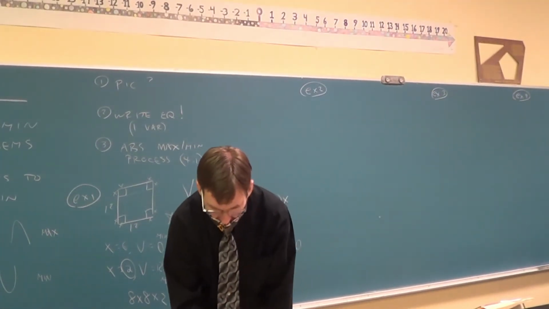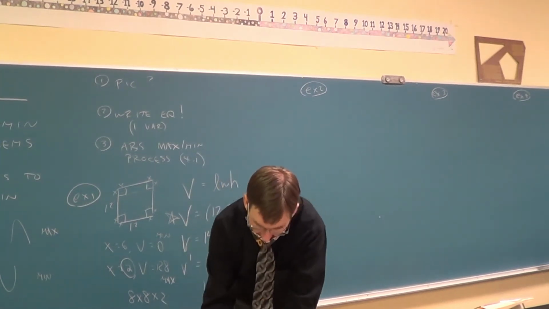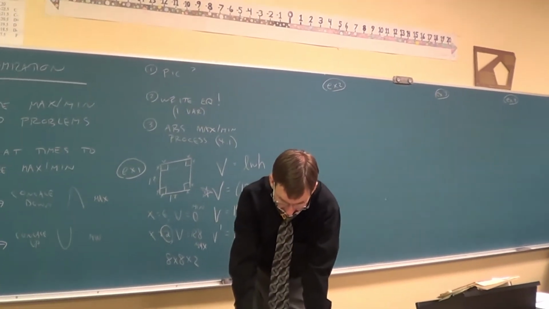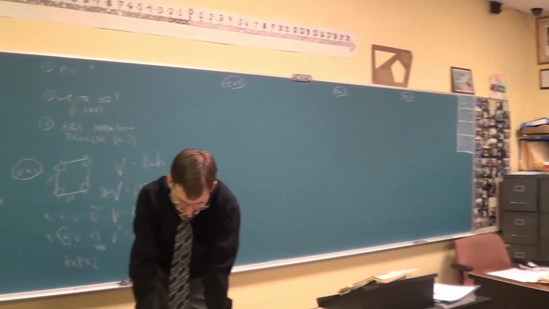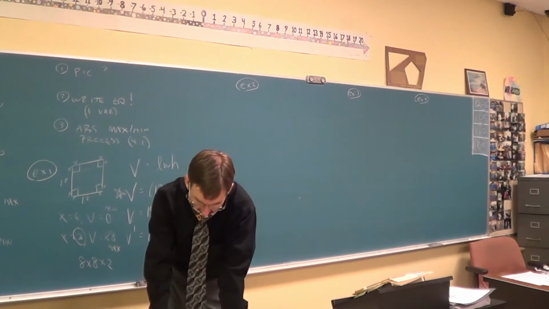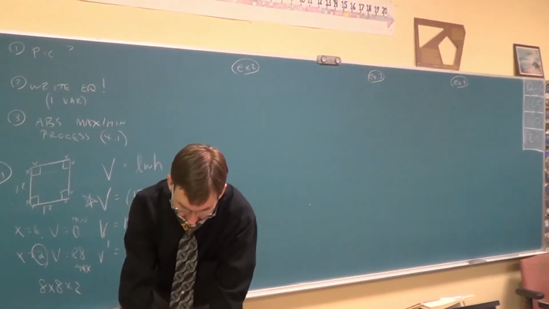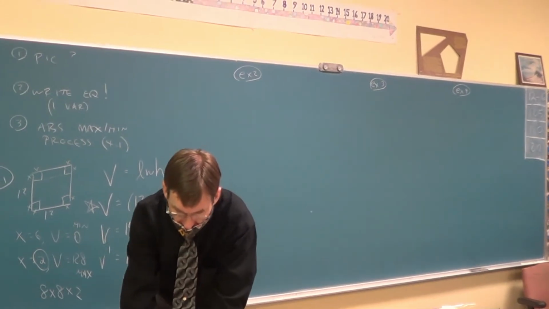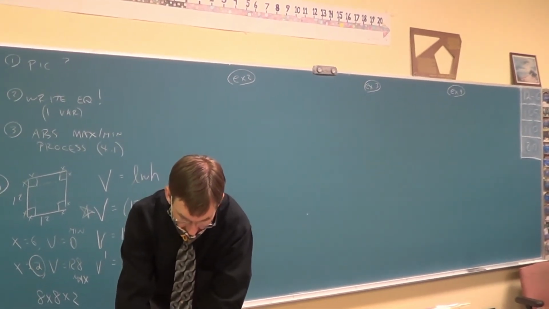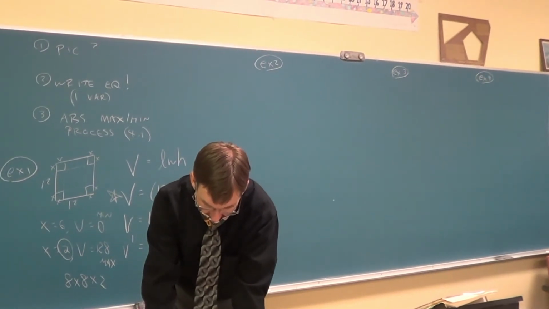So example 2 says you're designing a 1 liter oil can shaped like a right circular cylinder. What dimensions are going to use the least amount of material? So liters is a measurement for volume.